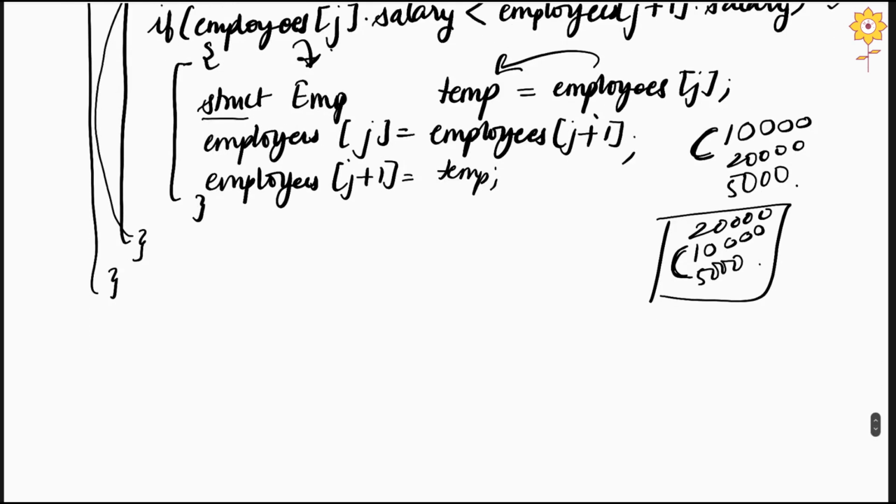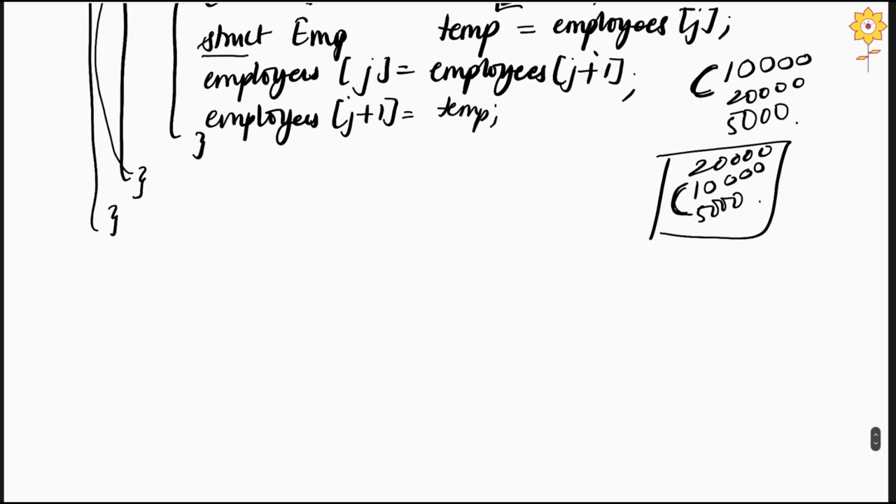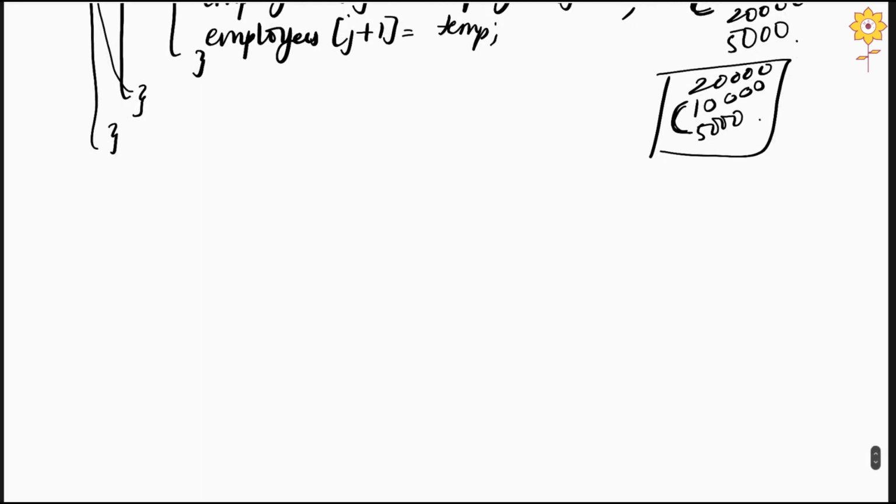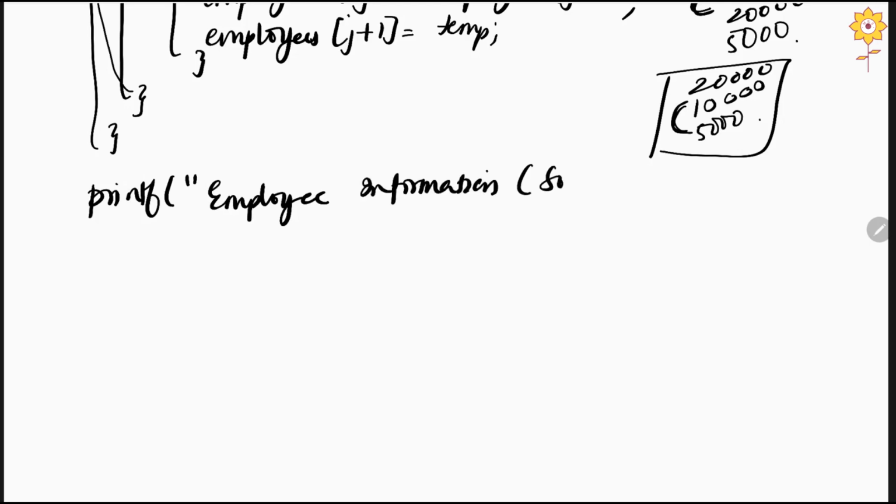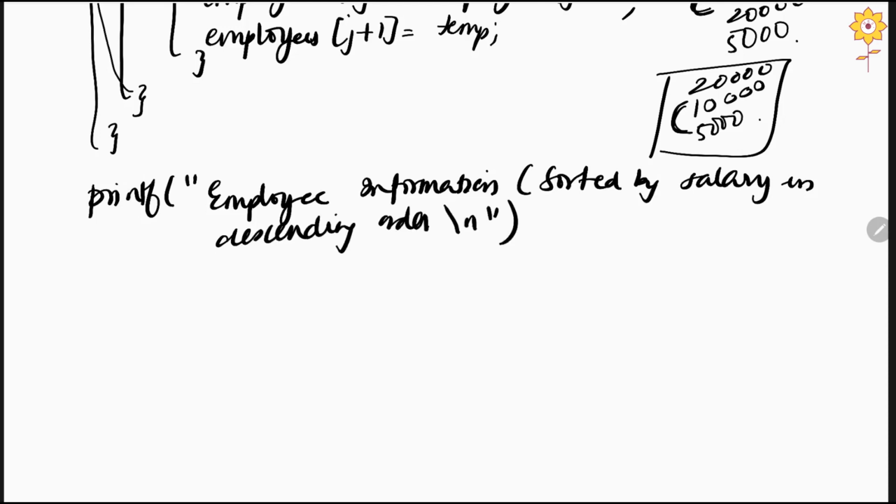Now, simply what we have to do is display these values. So, we are simply using a for loop, the same for loop that we had used while taking the employee data. Before that, we are simply writing a printf statement, and we are writing "Employee information sorted by salary in descending order\n", right.